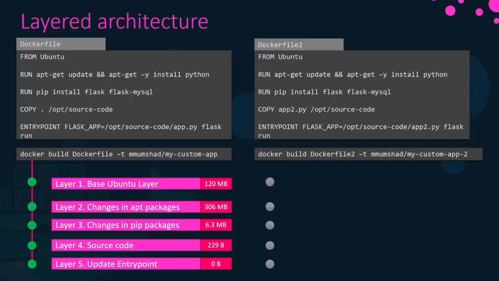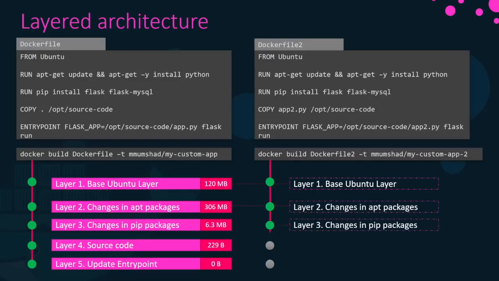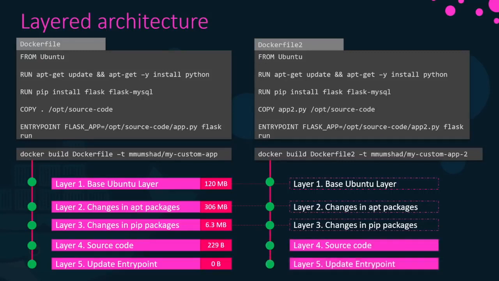When I run the docker build command to build a new image for this application, since the first three layers of both the applications are the same, Docker is not going to build the first three layers. Instead, it reuses the same three layers it built for the first application from the cache, and only creates the last two layers with the new sources and the new entry point.